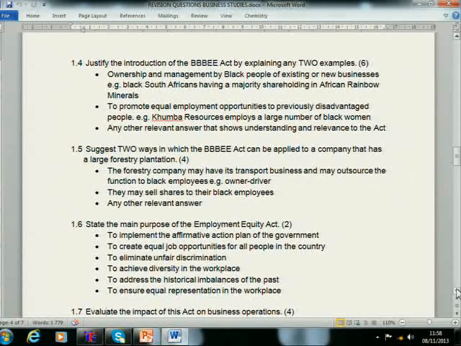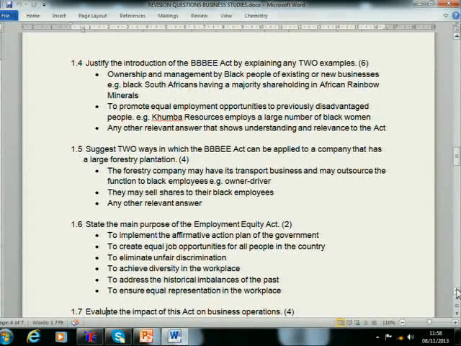Is there any example wherein this has been done? Kumba Resources employs a large number of black women. The moment we have something like this, we remember there's an act which says blacks, especially women, should be given senior positions, shares should be sold to them, and they should be treated equally. Then this comes into the picture.